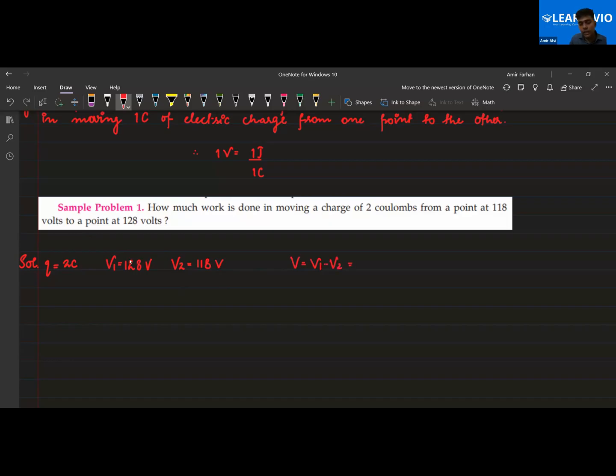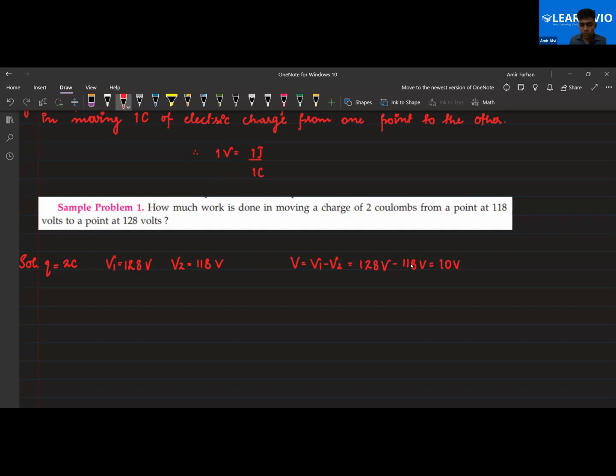V1 is at higher potential, so I take the higher potential as V1 and the lower potential as V2. So 128 minus 118. Am I clear to all of you everyone? That is nothing but 10. 10 volt is the potential difference between the 2 points.